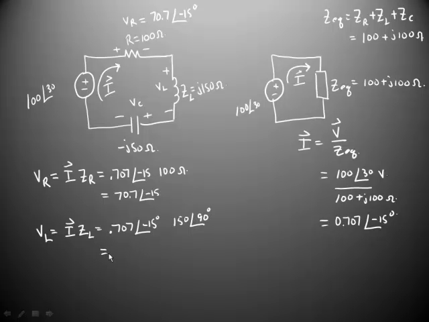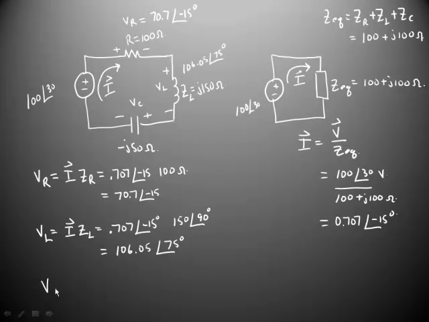For a grand total then, the voltage across the inductor should turn out to be 106.05 volts at an angle of 75 degrees. Please note that there is a 90-degree phase shift between the voltage and the current through the inductor. And we see that the voltage phasor is in fact leading the current phasor, as we would expect.